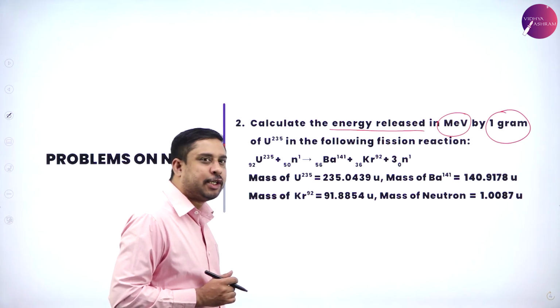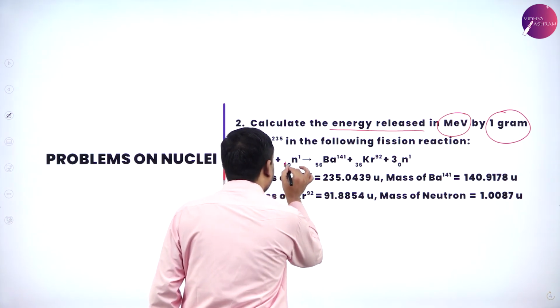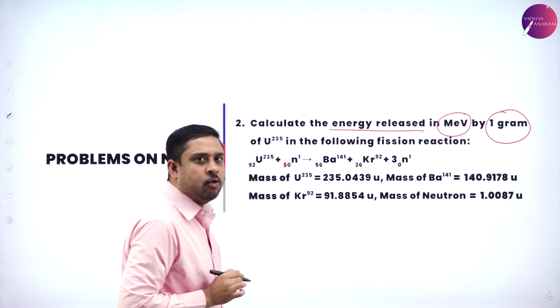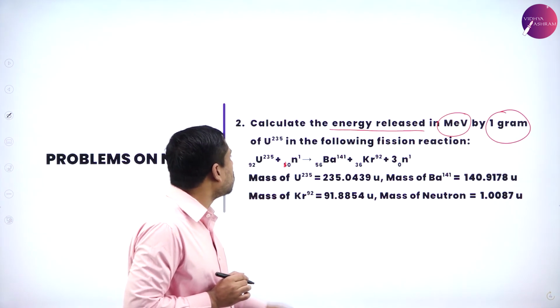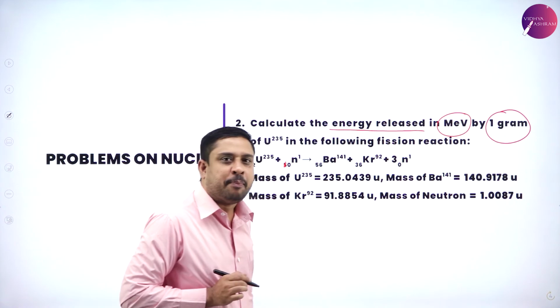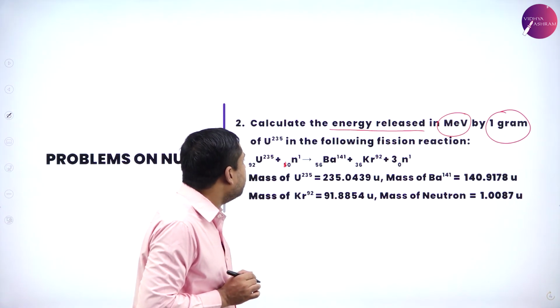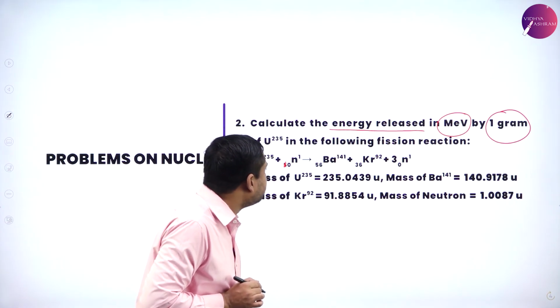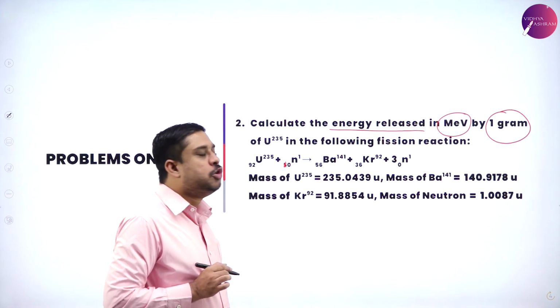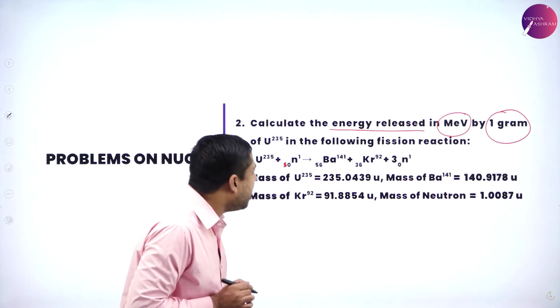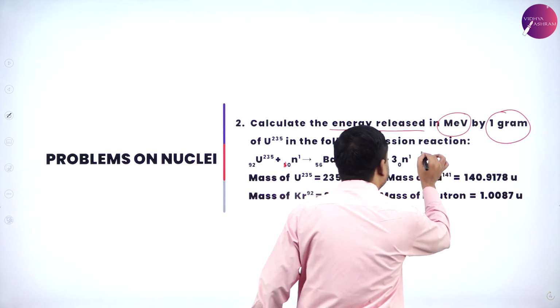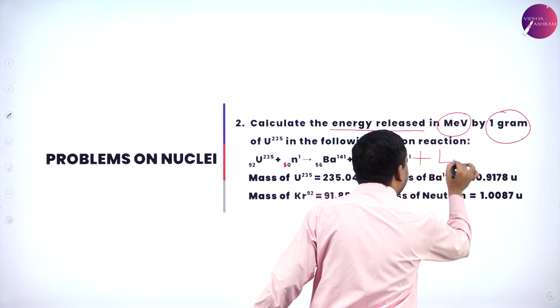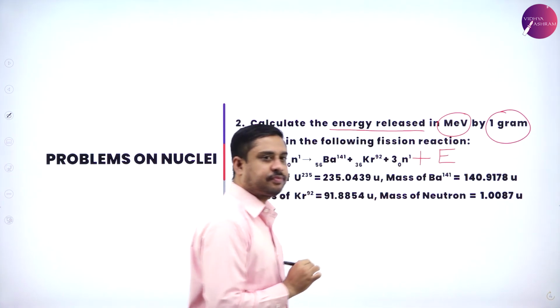Uranium-235, 92, bombarded with a slow-moving neutron. The products formed are barium, krypton, 3 neutrons plus a large amount of energy.